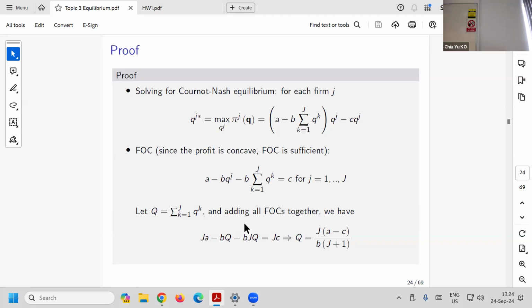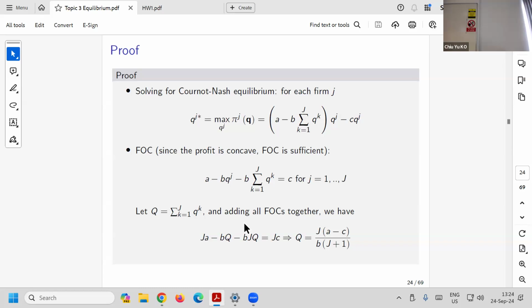Actually you can see the FOC will be a system of linear equations, so you must either have one solution or no solution, because there are J equations in J Qs. It's a linear system. By matrix algebra, you can solve it by Cramer's rule or whatever, invert the matrix. But there's a better shortcut.